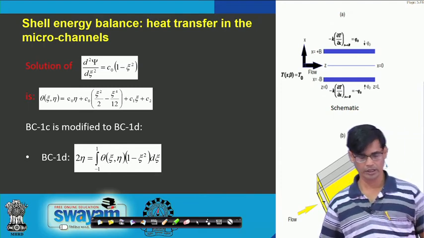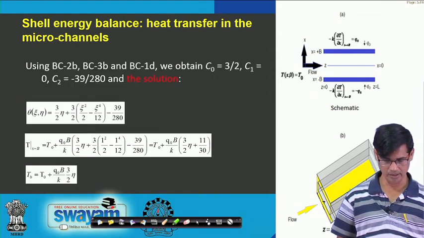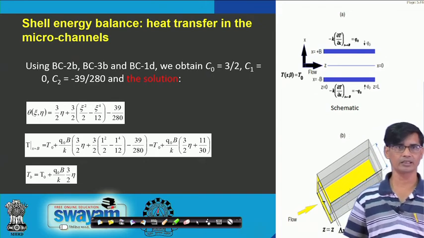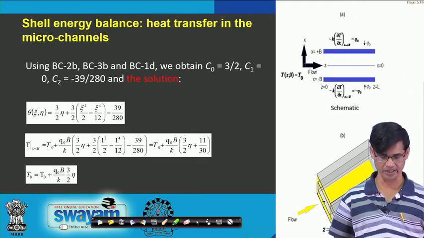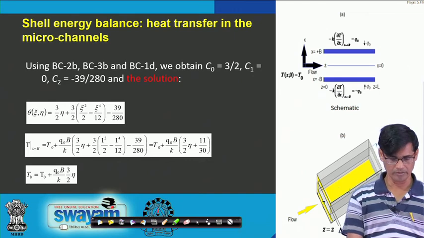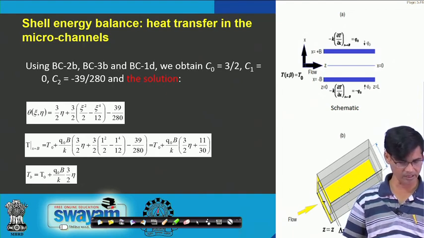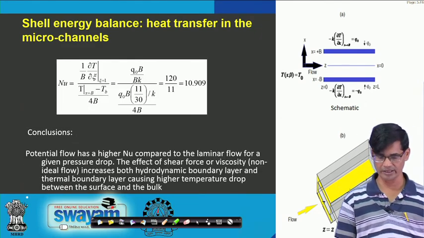With this modified boundary condition, the solution is theta equal to 3 by 2 eta plus 3 by 2 zeta square by 2 minus zeta square by 12 minus 39 by 280. Based on this theta profile, we can calculate the bulk temperature and surface temperature, and with the similar definition of the Nusselt number, we can find the Nusselt number in this case.